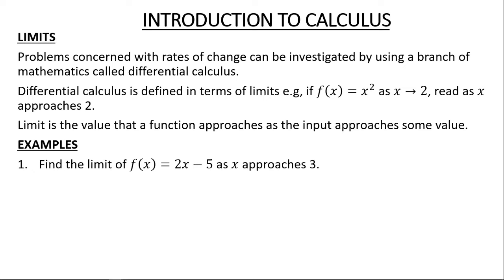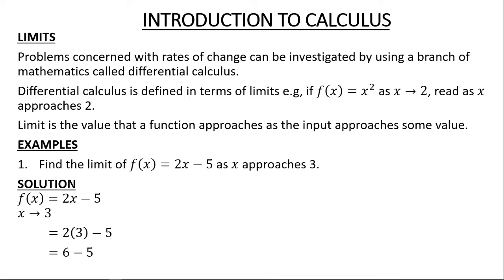Where there's that x, we substitute a 3. So 2 times 3 minus 5 is 6 minus 5, equal to 1.